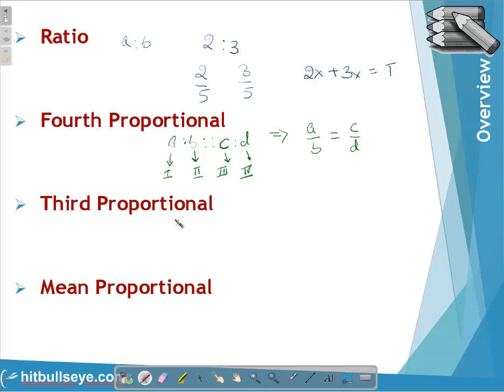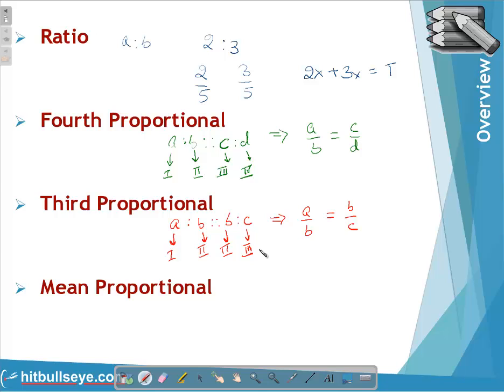Similarly, if we take the example as A, B and C, we could say A is to B as B is to C. Or we could say A by B equals B by C. Here A is known as the first proportion, B as the second, and C as the third proportion.